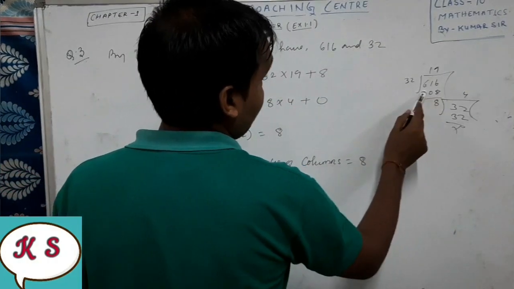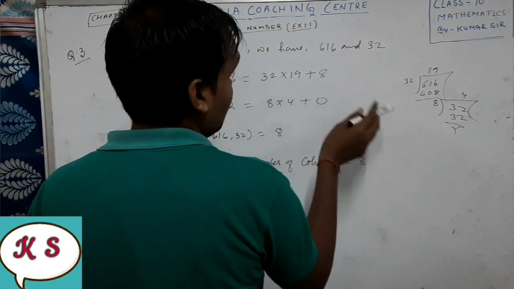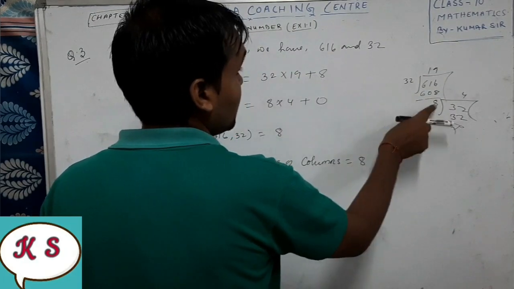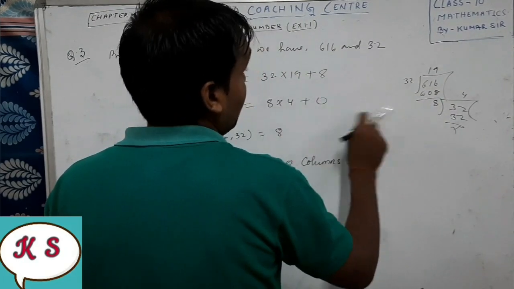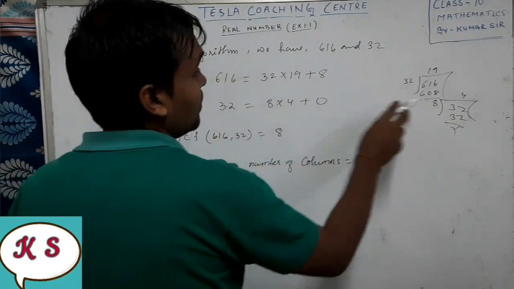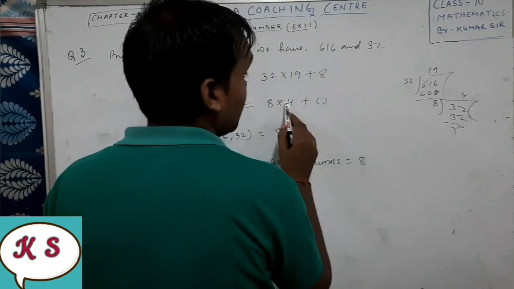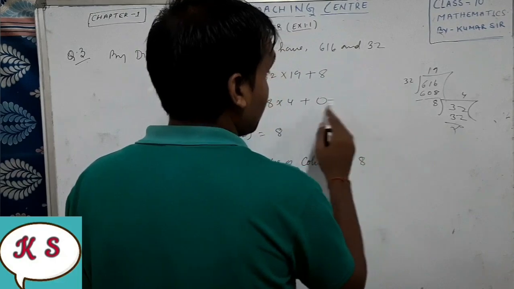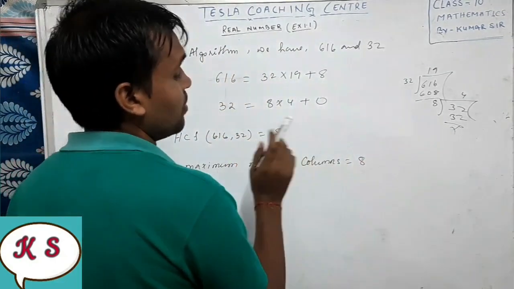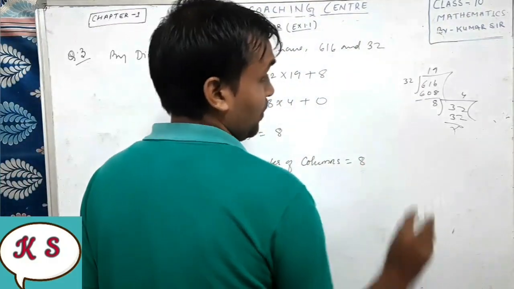It will go 19 times, so 32 into 19 plus remainder 8. Next, we divide this 32 by 8. 8 into 4 is 32, and the remainder we got is 0. Therefore the HCF of 616 and 32 is equal to 8, and hence the maximum number of columns is equal to 8.